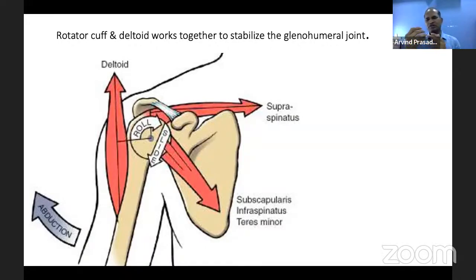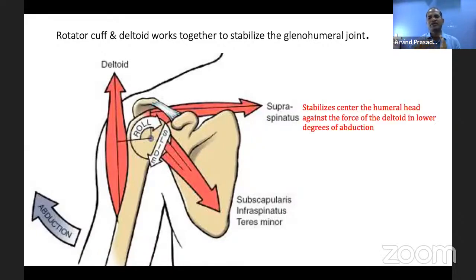In the rotator cuff, the supraspinatus first stabilizes the center of the humeral head against the glenoid, particularly in the early stage of abduction, when the fulcrum of the deltoid muscle tries to pull the humeral head up, but the supraspinatus keeps it down in the glenoid cavity.